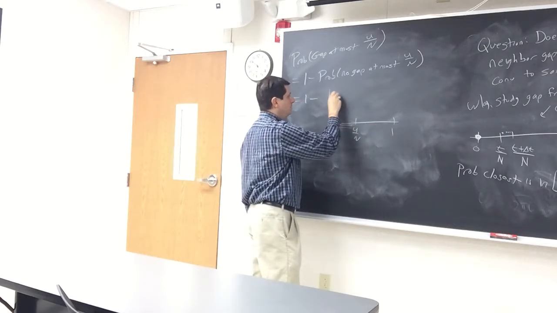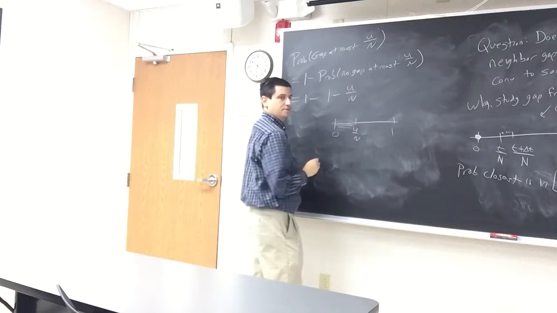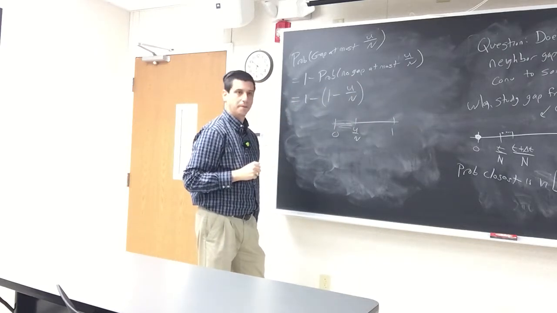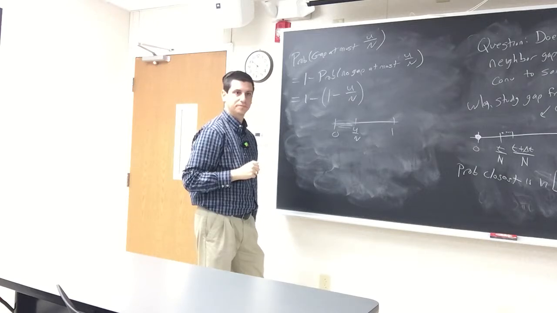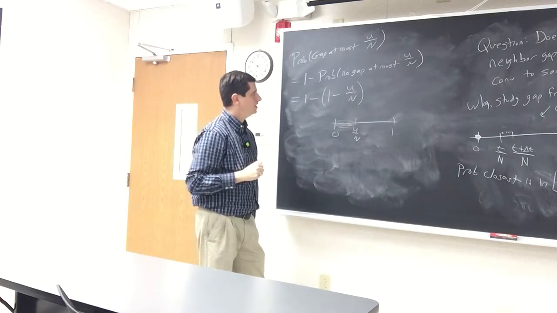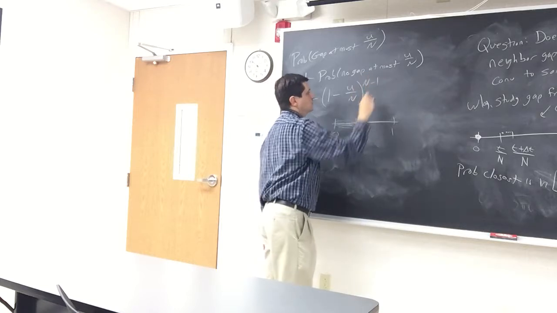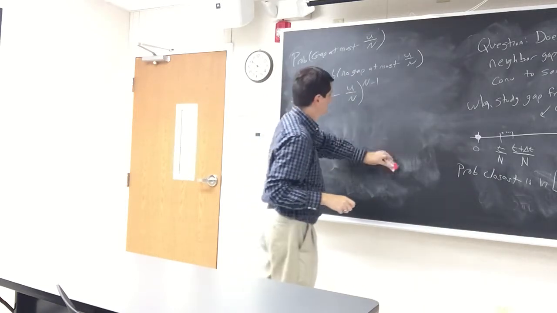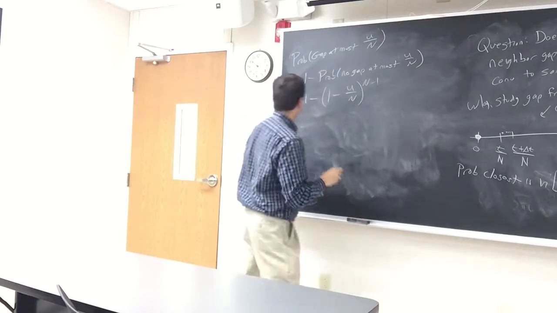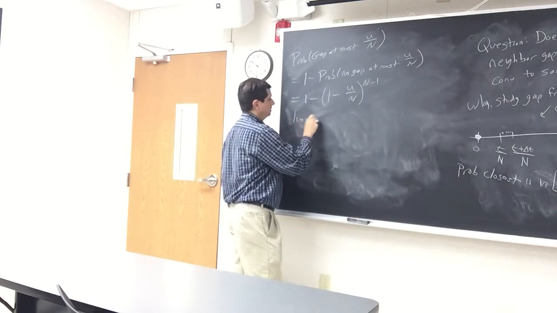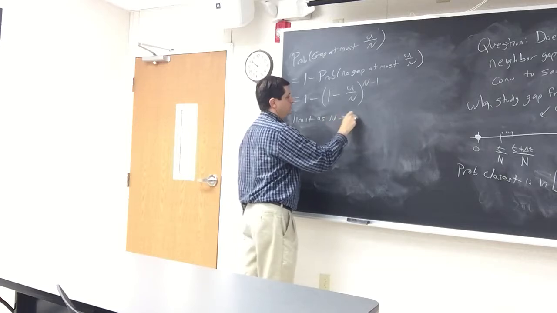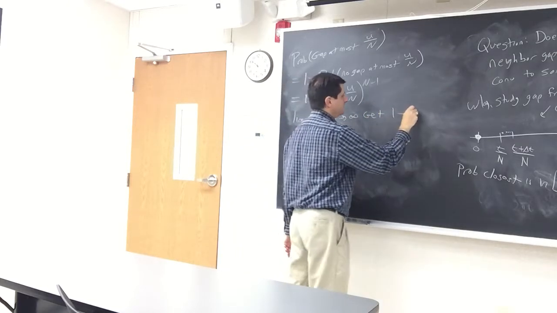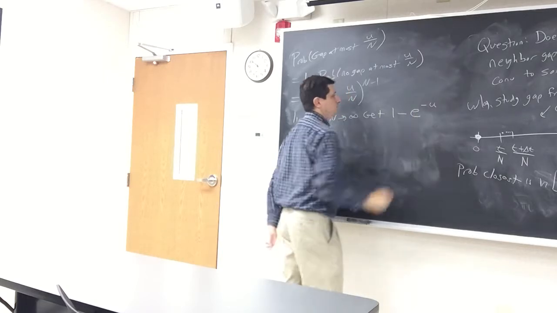It's going to be 1 minus u over n. And how many choices do I have? Yes, n minus 1. And so if I take the limit as n goes to infinity, we get 1 minus e to the negative u.